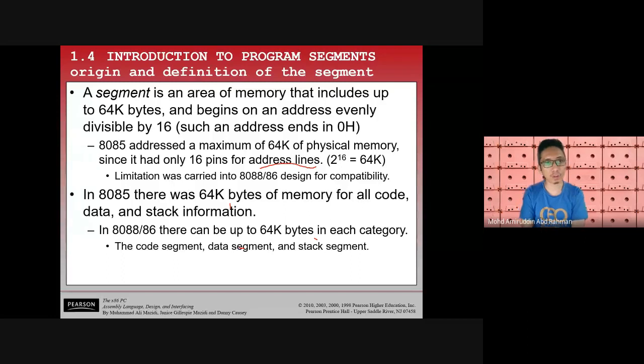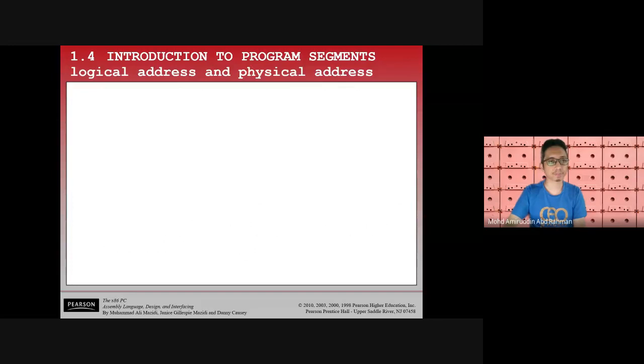But in the 8085, only 64 kilobytes is shared for all code, data, and stack segments.